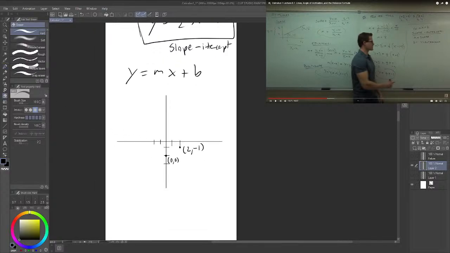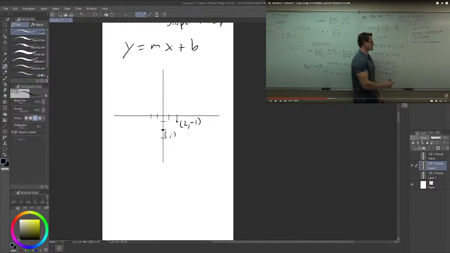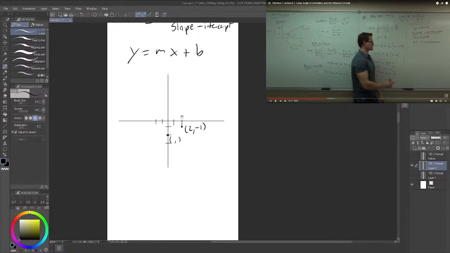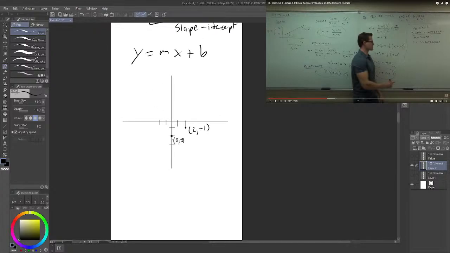Just because it's the center doesn't mean it's 0, 0. So 0, -2, and then -1 over -2 here.